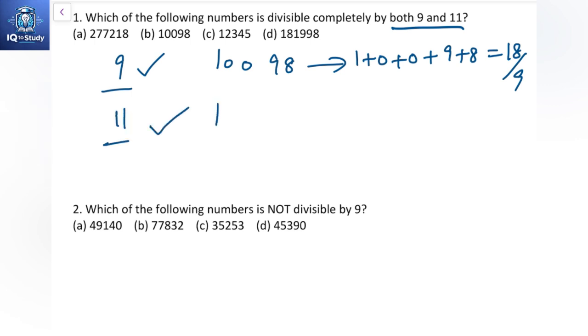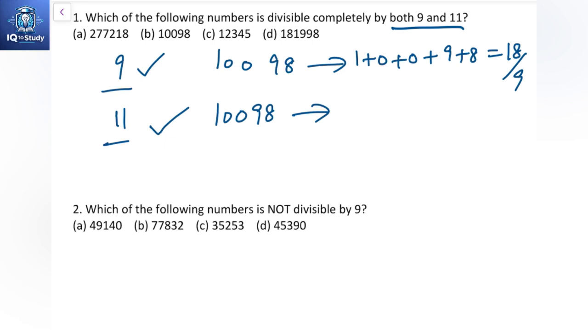And the next one is 11. For 11, the sum of alternate digits, meaning the sum of even digits minus the sum of odd digits, should be 0 or a multiple of 11.